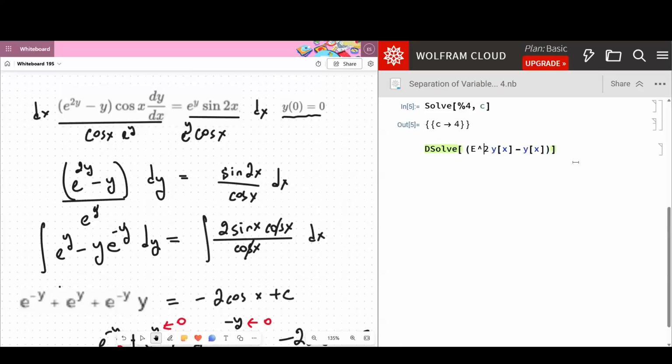Okay. And just to be safe, I'm going to put this also in parentheses to indicate that 2y of x is indeed the entire exponent of e. Now we're going to multiply by cosine of x. Again, cosine has to be capitalized. Okay. And then dy dx, the way you enter it is you just enter y prime of x. Okay. So that's what dy dx is.